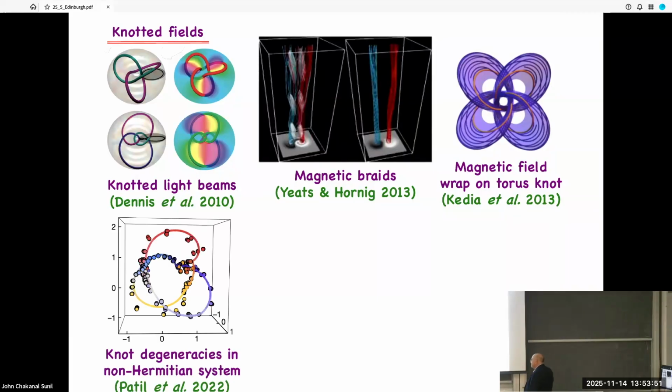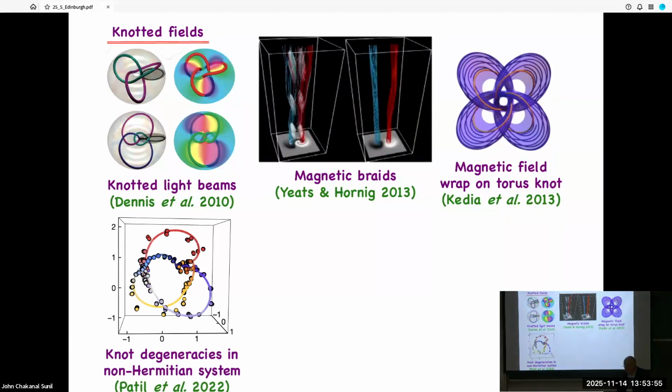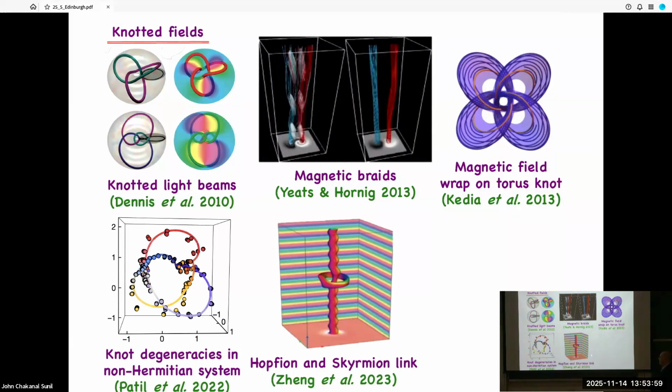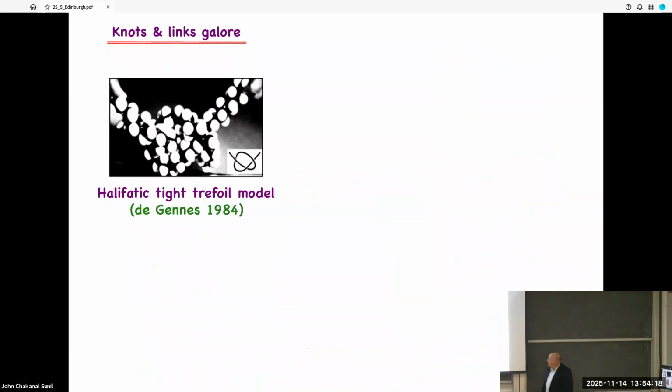This is another interesting work on the location of degeneracies in non-Hermitian systems in theoretical physics. We have this picture from Nature, a Hopfion, that moves and travels as a vortex ring on a Skyrmion link. And finally, this paper, a very recent paper by Tait et al., on a quark idea, knot solitons and quantum chromodynamics.